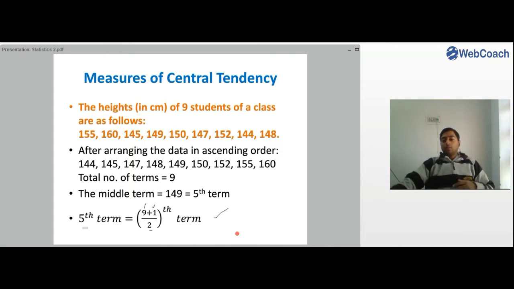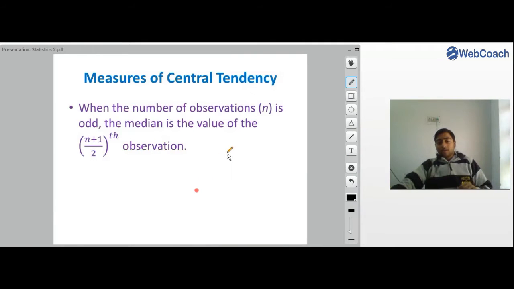And suppose we are given a huge set of data with more than 10 terms, or we can say a data of n terms. When the number of observations, which is n, is odd, like here where the number of observations was 9, there will always be a central number which divides the entire group into two equal parts.